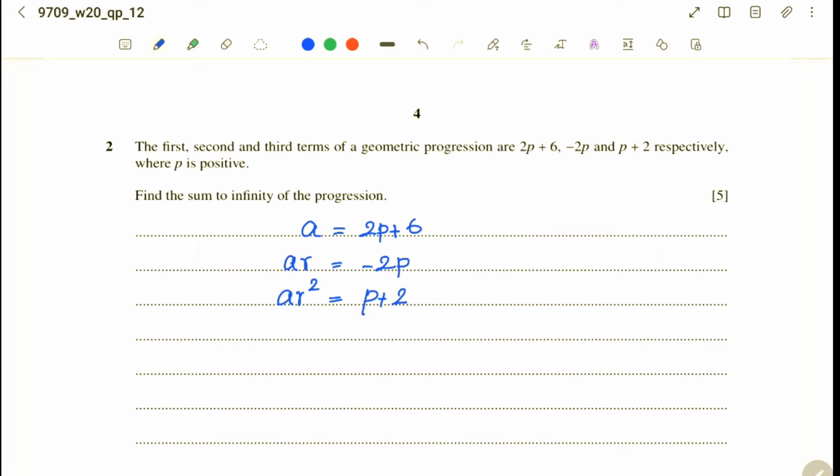Now we need to find the values of a and r to find the sum to infinity of the progression. To find a and r, first we need to find the value of p. So we write (ar)² equal to ar² multiplied by a. We know ar is −2p, so (−2p)² is equal to (p + 2) multiplied by (2p + 6).